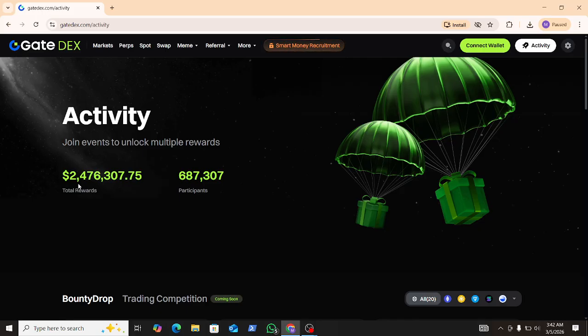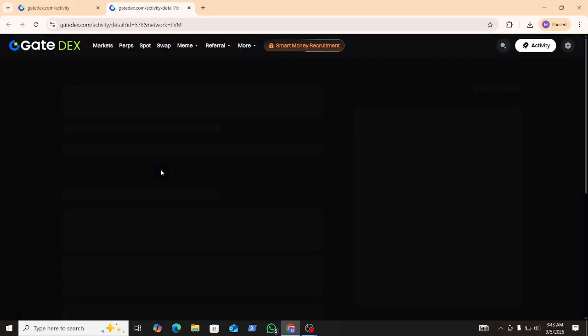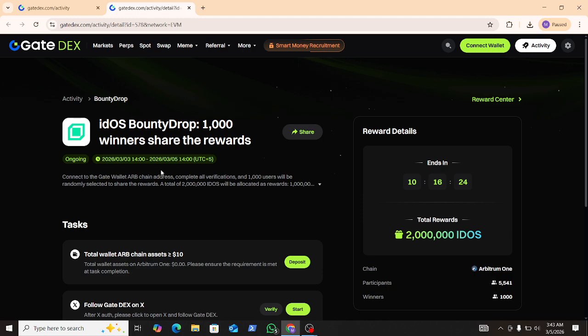Total reward: 20 lakh, 47,000, sorry, 24 lakh 76,307.5, and participants at the current time: 6 lakh 87,307. BountyDrop IDOS Bounty.